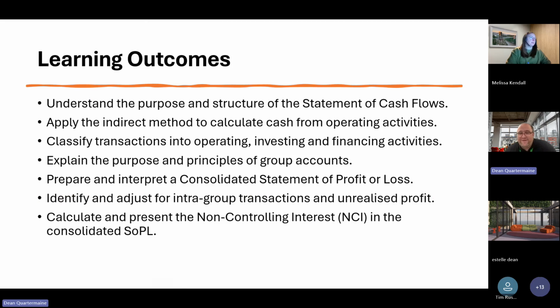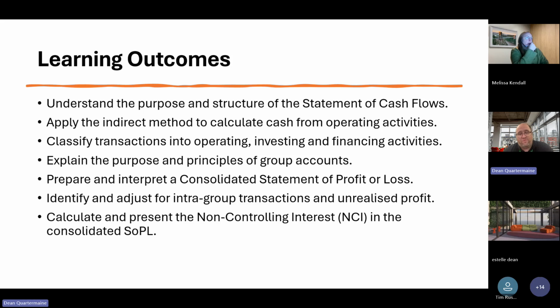So you can tell I'm a bit of a teacher because I've got learning outcomes. The whole idea of tonight's session is to give you a solid understanding of two major topics on the drafting and interpreting financial statements exam. One around cash flow statements and the other around consolidated profit and loss statements.